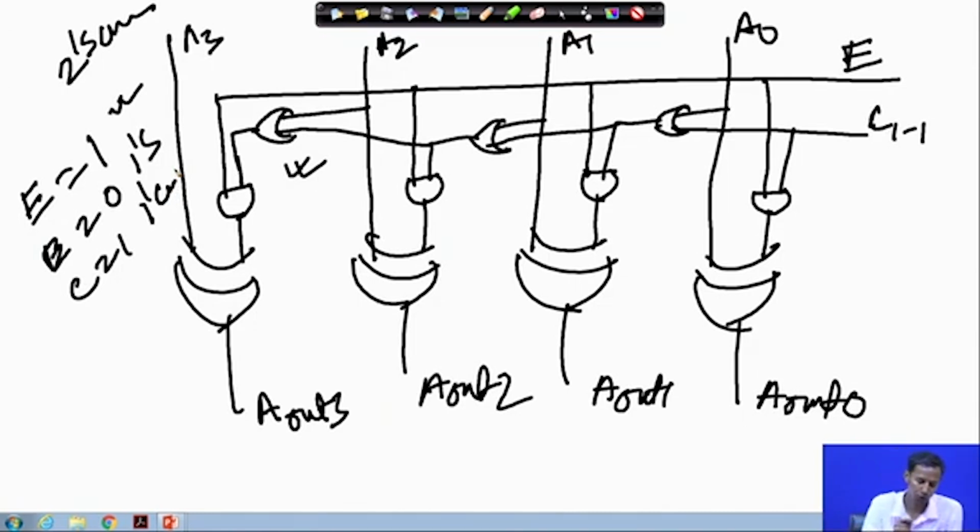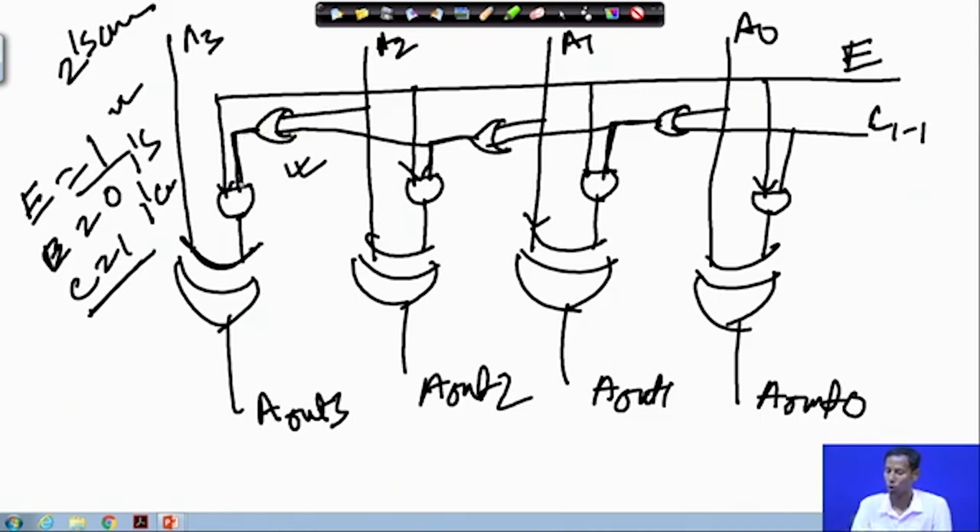So, initially you check E equals 1. At that time each of these particular bits is 1. Okay. 1 means now this will depend on the corresponding carry of this.